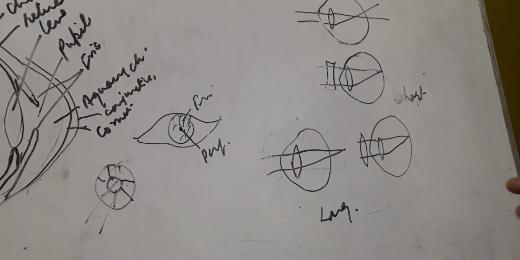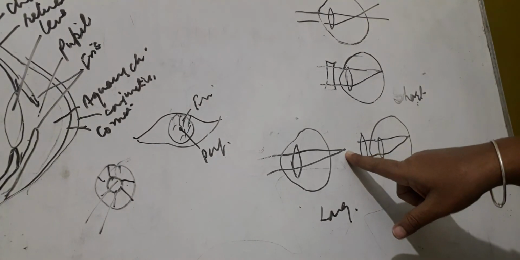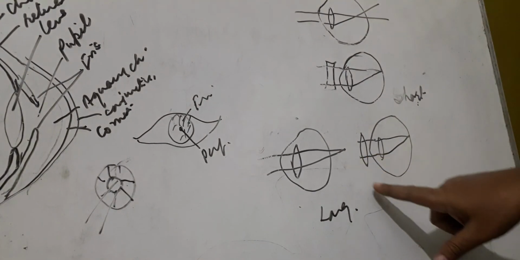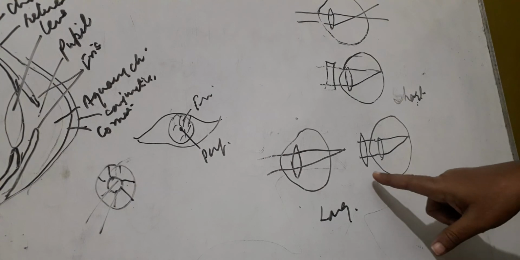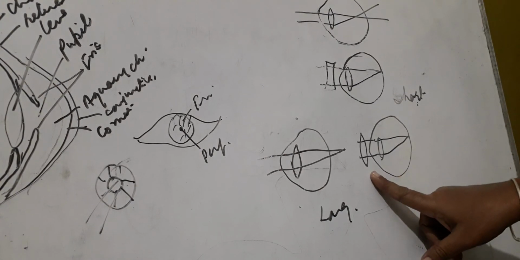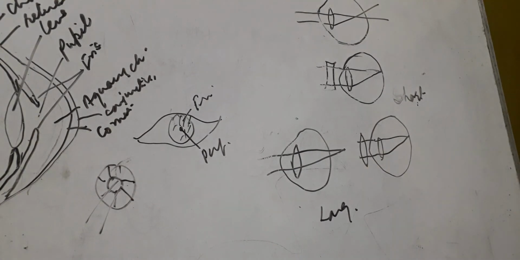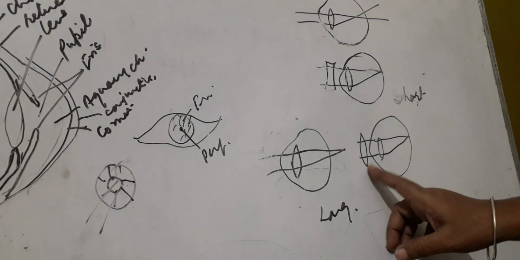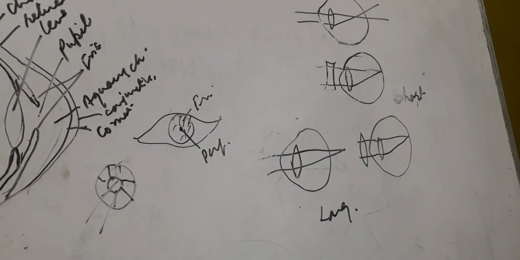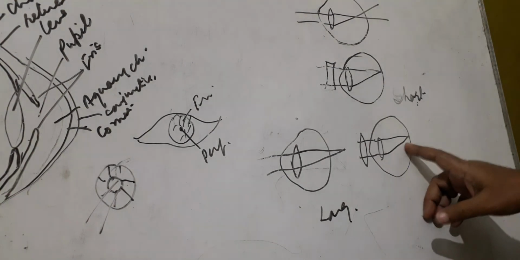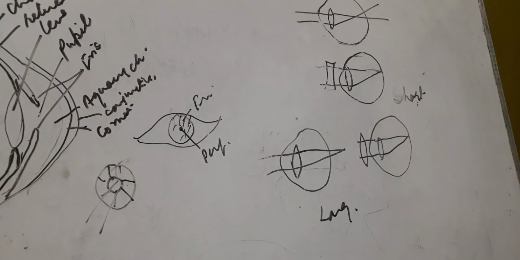For this reason the image will form behind the retina. For the correction of this defect, the doctor suggests a convex lens. So the focus is corrected and will be on the retina. These are the two defects which can be corrected by using an extra lens.